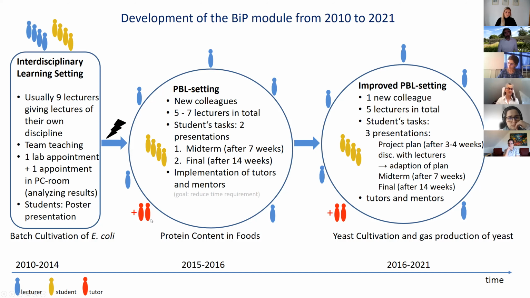Tutors, red characters, supported students during the group building process as well as during the search and lab work. Lecturers gave their expertise. For example, the physicist explained the optics of the photometer, the chemist explained the biuret reaction, the mathematician helped the students to deal with data for statistical analysis, and the computer scientist showed how to create figures in Excel.